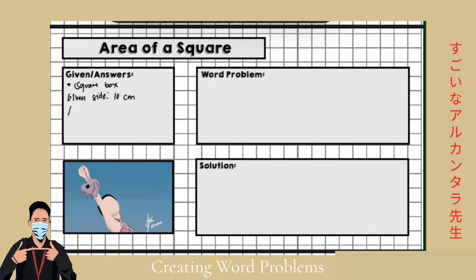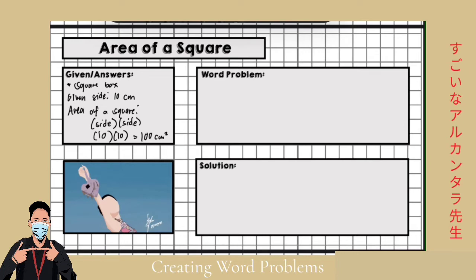So the area of a square, the formula for that is simply side times side. So if the given side is 10 centimeters, you'll have 10 times 10, that's equal to 100 centimeters squared.